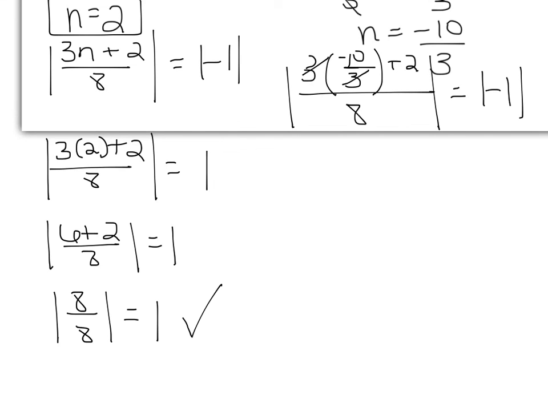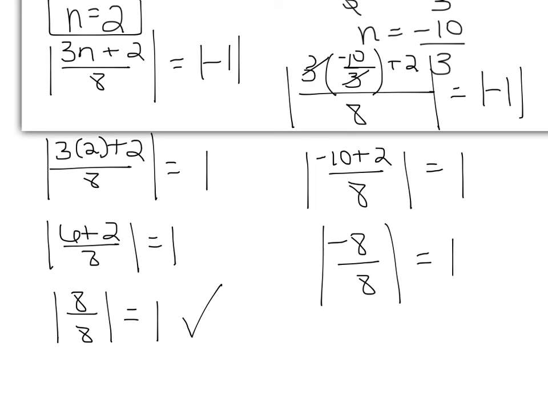This 3 and this 3 cancel, leaving you the absolute value of negative 10 plus 2 over 8 is equal to 1. Negative 10 plus 2 is negative 8, so you have negative 8 over 8, absolute value, is equal to 1. That's true. So negative 10 over 3 is also a good answer choice.